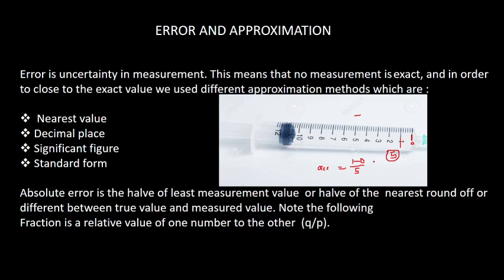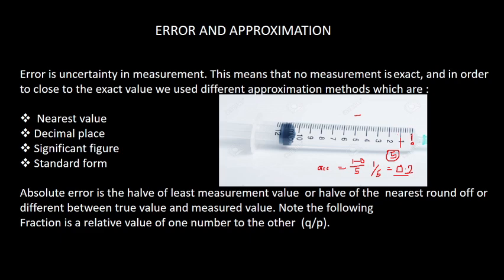In this case, I have 1 divided by 5. So 1 divided by 5, you know the value, that is approximately equal to 0.2. So the accuracy of this syringe is 0.2. This accuracy represents the value of each of these strokes.